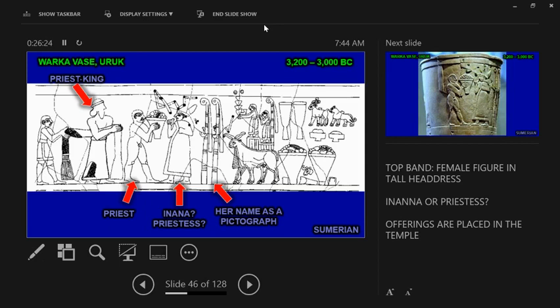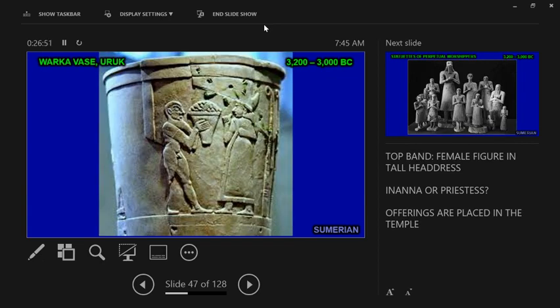This guy's a priest. This is either Inanna or a priestess, sorry. Her name is as a pictograph right here. And then I also want you to notice how these people are really small over here. We'll get to that in a second. All right, so that is the Warka vase.